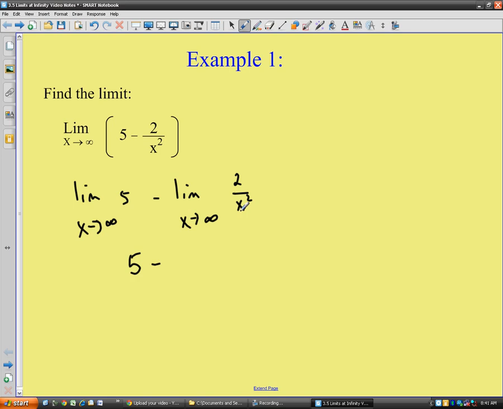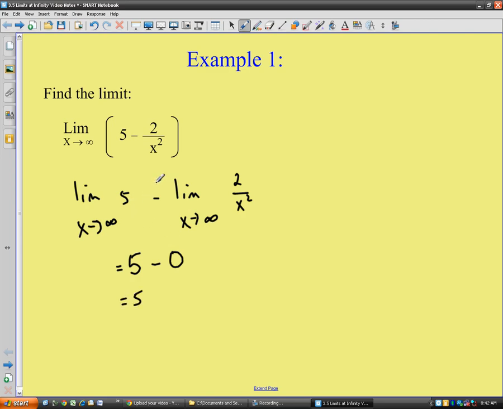If you think about infinity being a really, really large number, 2 divided by a super large number is so small that we can't tell the difference between it and 0. So we're going to call that 0. So our answer for this problem is a limit of 5, and it's because of the constant.